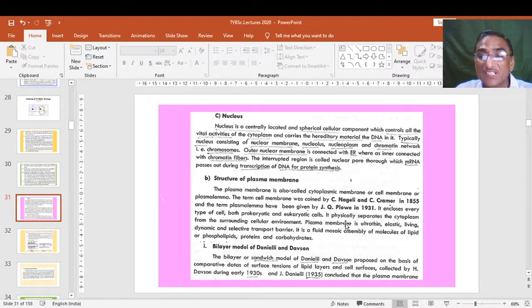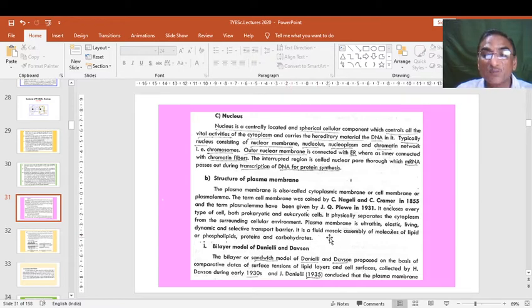It physically separates the cytoplasm from the surrounding cellular environment. Plasma membrane is ultra thin, meaning very thin, elastic, living, dynamic, and a selective transport barrier.